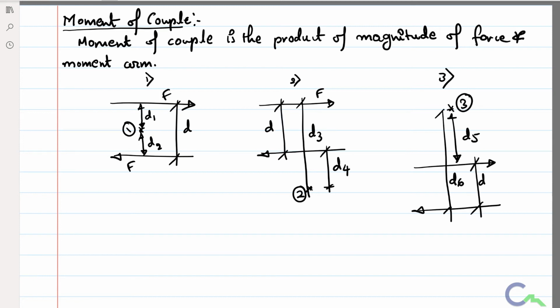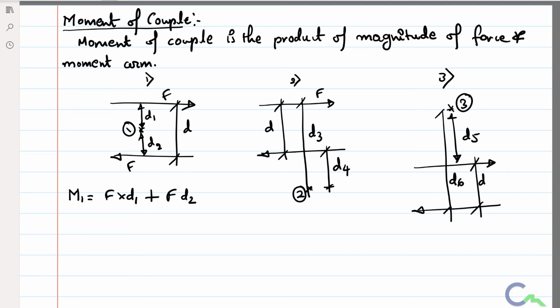In the first example, the point is in between the two forces. If I want to find the moment of this couple, I will take it as M1 because it is point 1. So F into d1, that is going to rotate this point in the clockwise direction. If I apply this force, it is going to rotate clockwise, F into d1, plus one more force, that is F into d2.